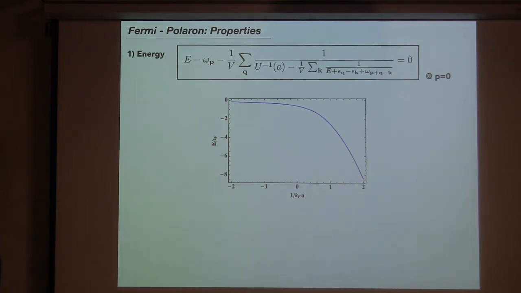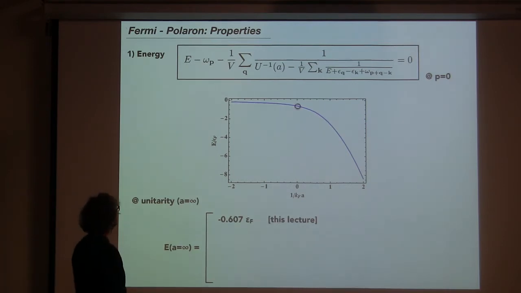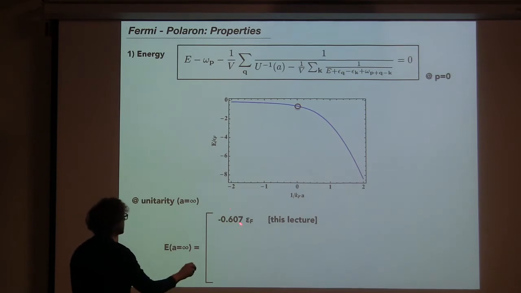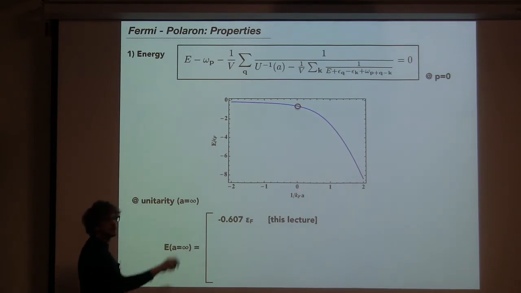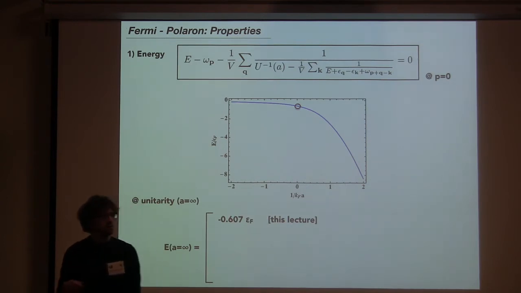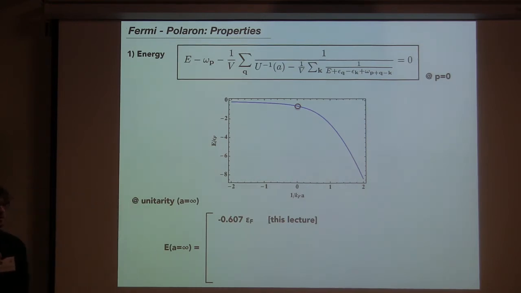Now we can ask how far we actually got with our extremely simple variational ansatz, which we can solve on basically four pages. One gets this energy at infinite scattering length, 0.6 times the Fermi energy. It's rather impressive in some sense how much energy a single impurity can pull out of the Fermi sea at this interaction strength, even in the absence of a bound state in the system.